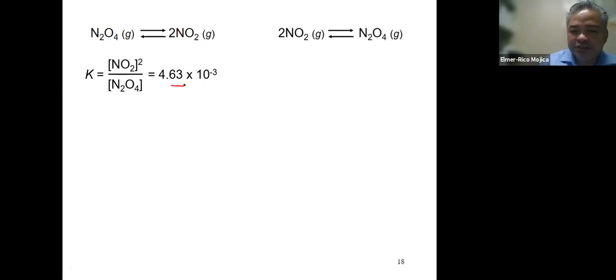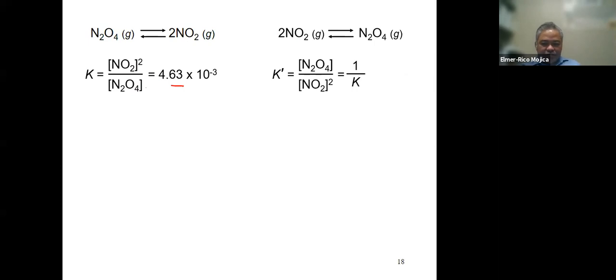If we reverse the reaction, the products become the reactants, and the reactants become the products. For the new K, we just swap the numerator with the denominator, so the new K is the reciprocal of the previous K. If the K value is small in one direction, the K value will be big in the reverse reaction.